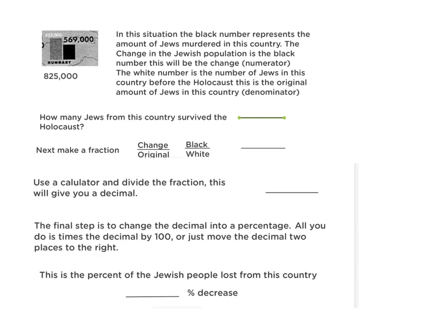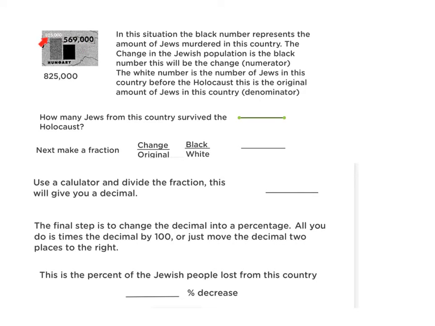So we're working on these problems where we're looking at the percentage of change in the Jewish population before and after the Holocaust. This first one we're going to be doing is Hungary. If you look at the graph, the black part is the number of Jews that were murdered, so this is going to be your change.